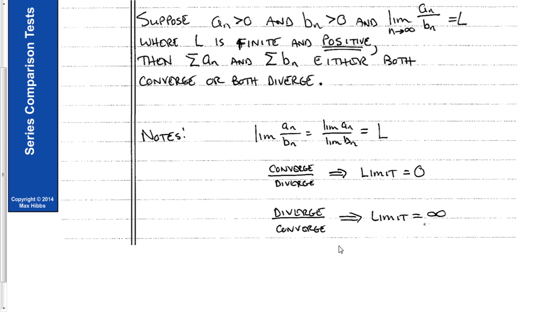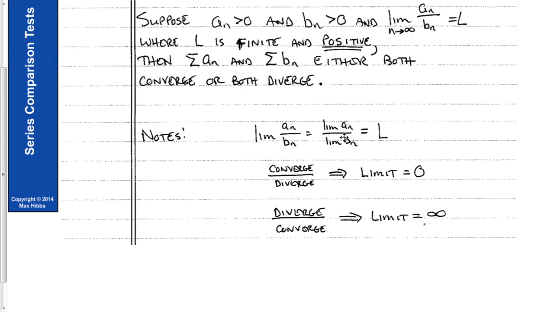Now, likewise, in the other case, if we had the series here diverge and the series here converge, well, that would mean if this series converges, the limit of the b sub n's is 0. Now, we couldn't have the limit of the a sub n's also 0, because then we would have an indeterminate form, and that indeterminate form, we don't know much about.